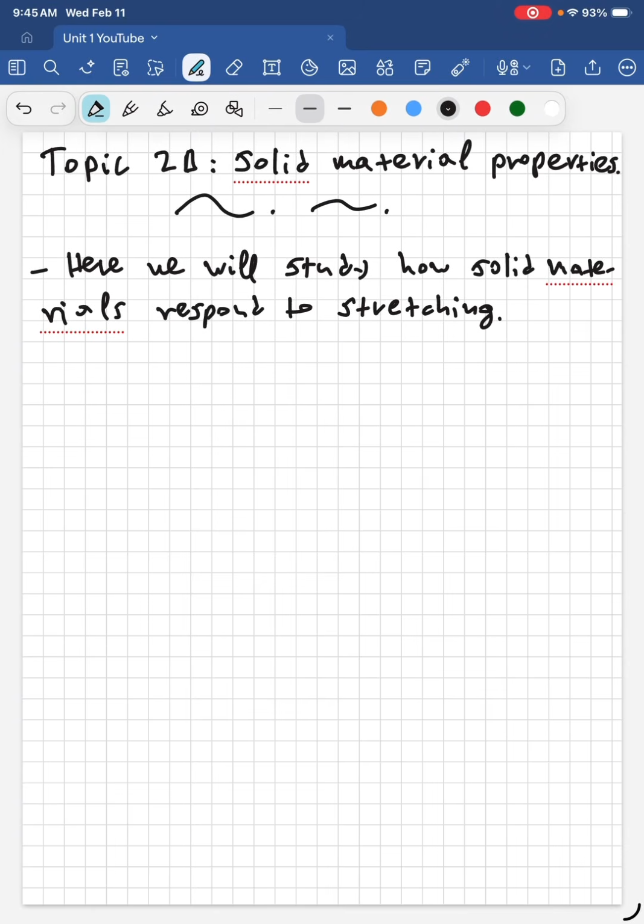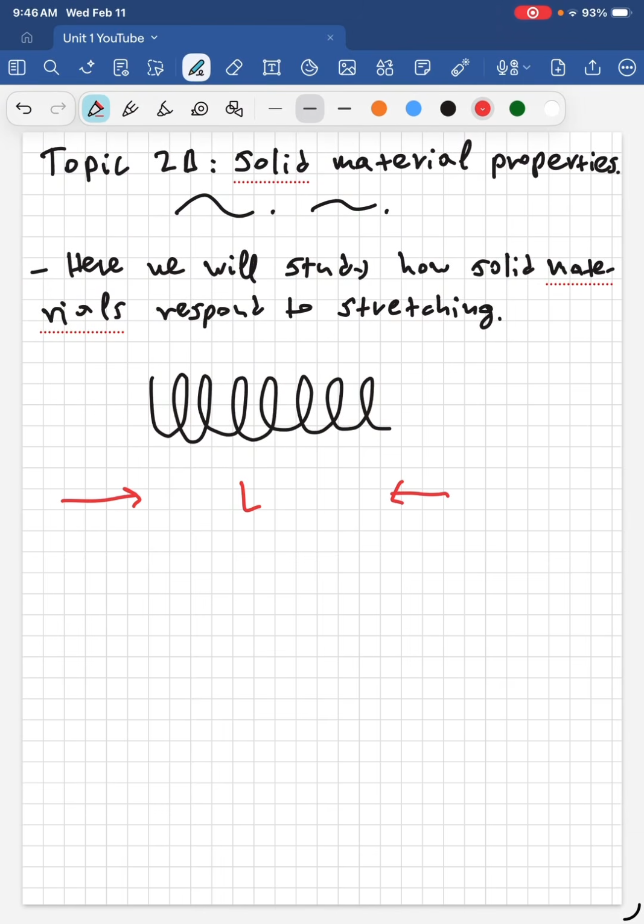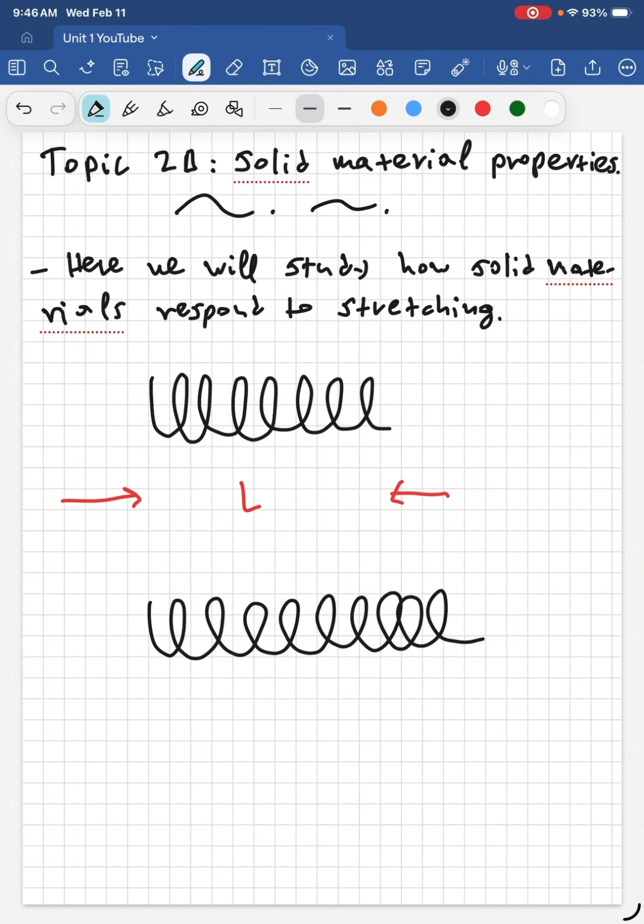But let's dive into what you actually need to know here at the high school level. So we will start with the easiest example, which is the spring. So you're all familiar with a spring. Let's say it has a length L, and we somehow apply a force and we stretch it.